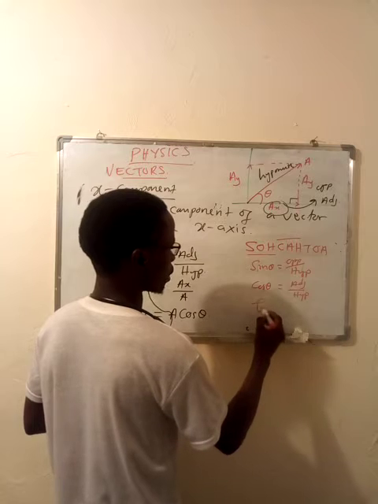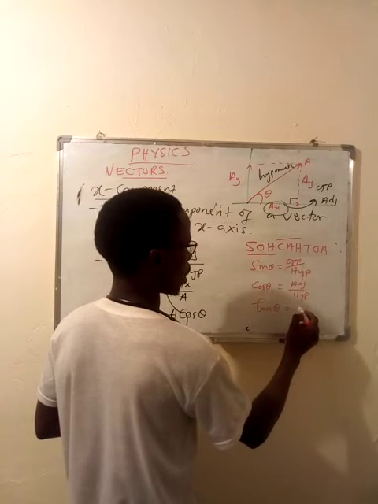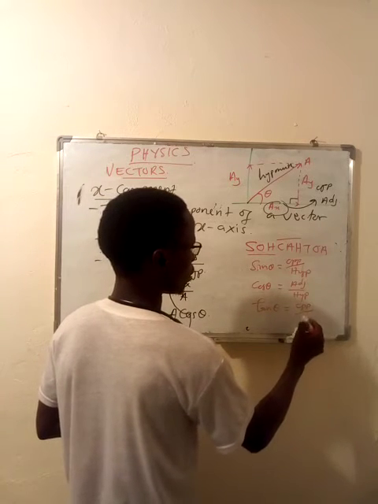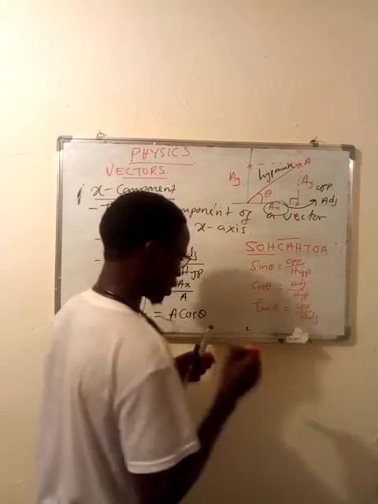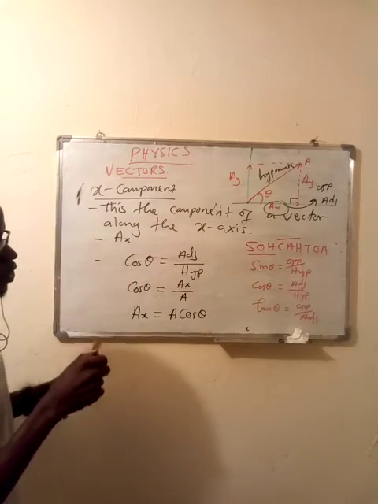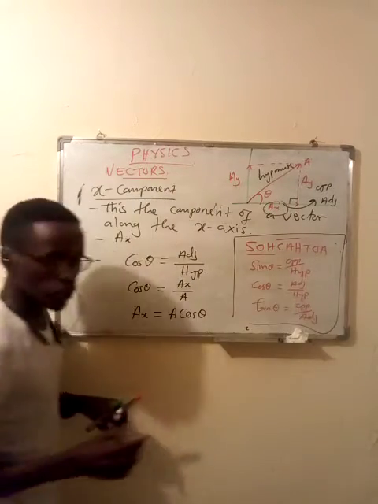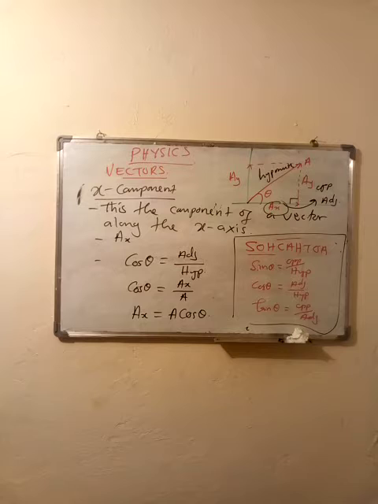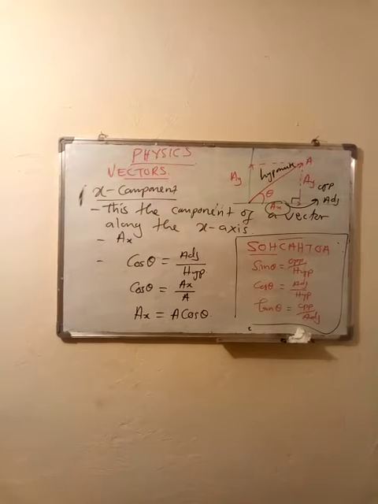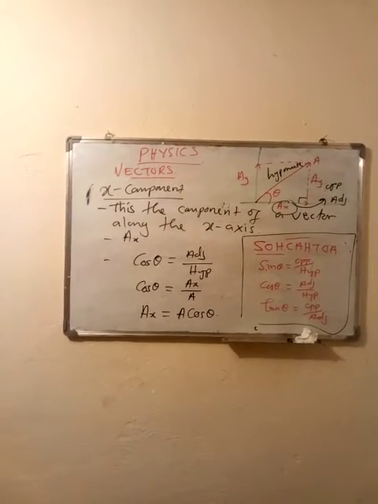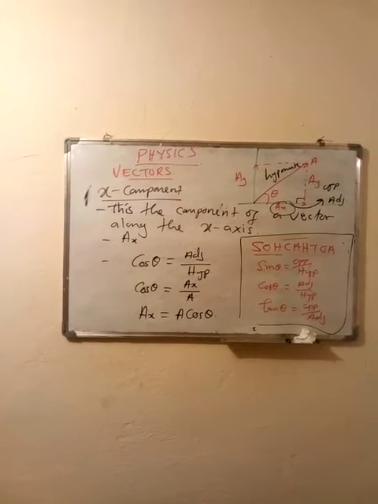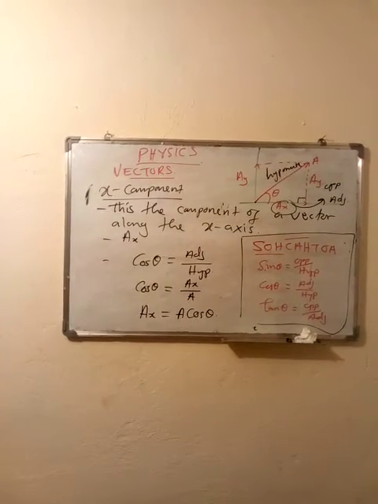Then tan theta is equal to opposite over adjacent. So remember that particular mnemonic. This is going to be very important in our discussion right here. It's not something that is very new. It's something that we have looked at several times in trigonometry, I think in grade 9 as well as grade 10. Grade 12 rather. So it's a very simple topic.